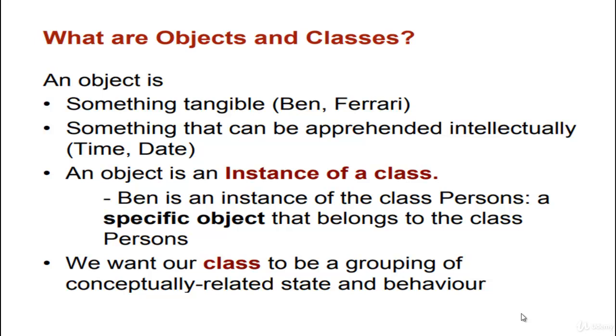So now we have some kind of an understanding about an object and what is the difference between classes. An object is an instance of a class. An object is something tangible and something that can be apprehended intellectually.